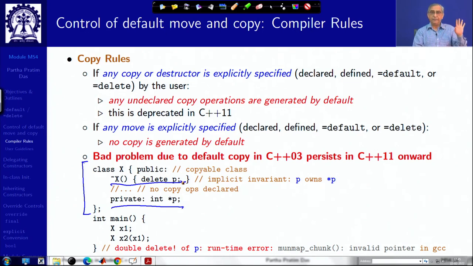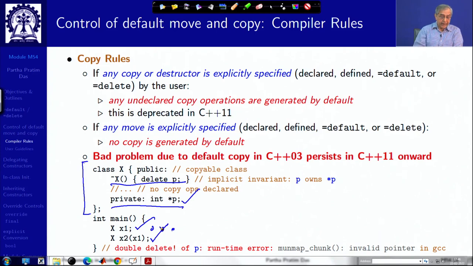It is very logical. Now you have not provided a constructor, you have not provided a copy constructor, you have not said anything, which is a C++03 scenario. If I write x1, a default construction will happen, and then say you have done operations to set this p, it is pointing somewhere.